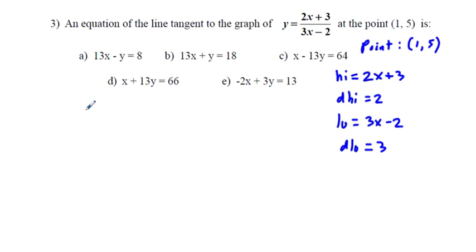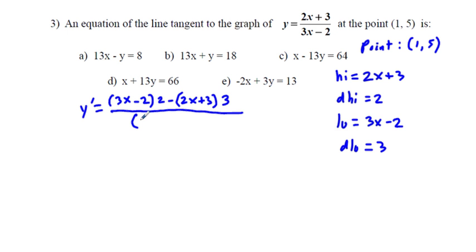And so y prime is going to be equal to the low, quantity 3x minus 2, times the derivative of the high, which is 2, minus the high, which is 2x plus 3, times the derivative of the low, which is 3, all over low squared, which is (3x minus 2) squared.